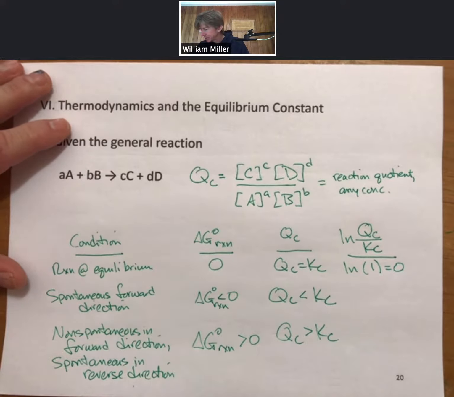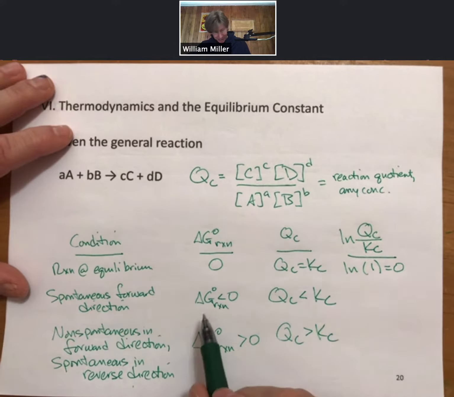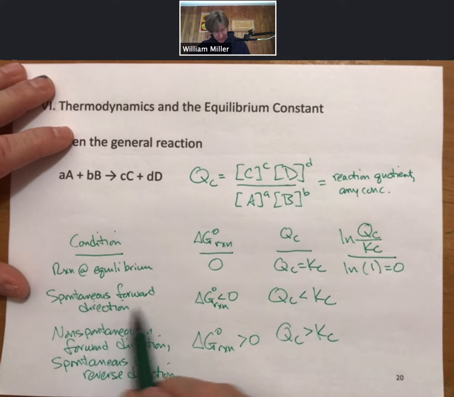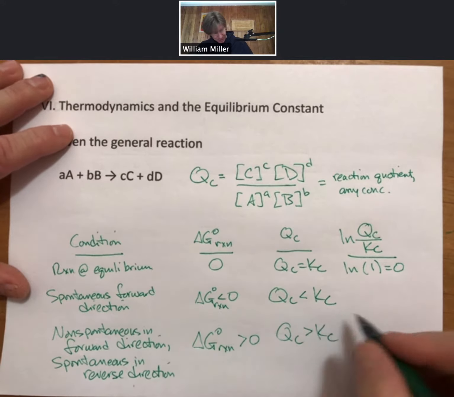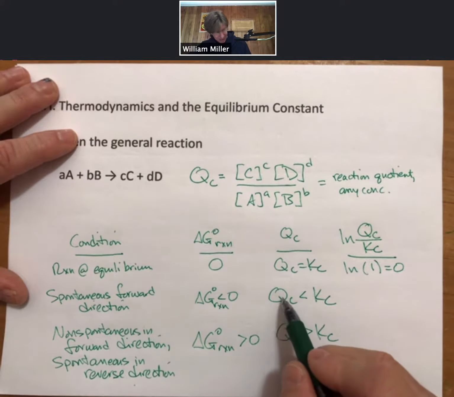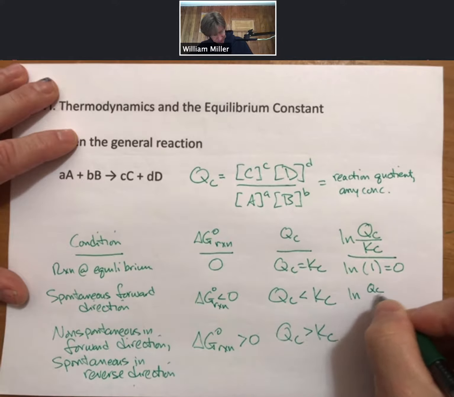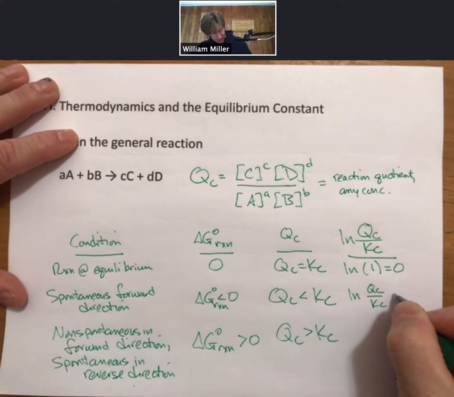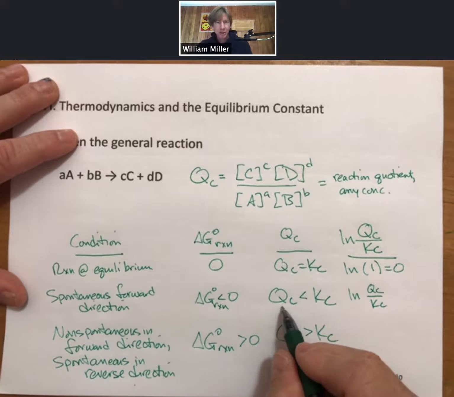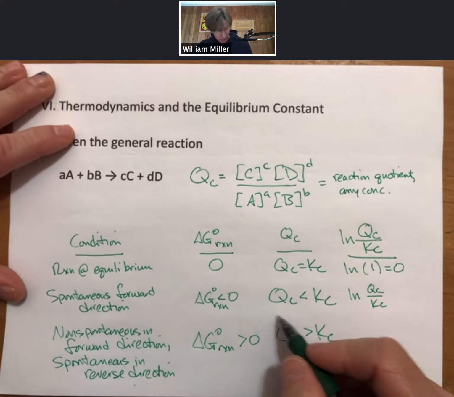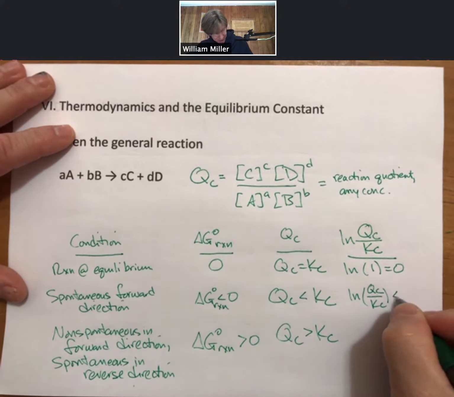Spontaneous in the forward direction means QC is smaller, which means that the natural logarithm of QC over KC is going to be less than 0.